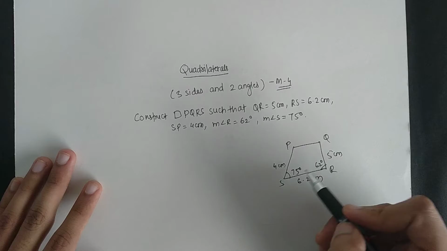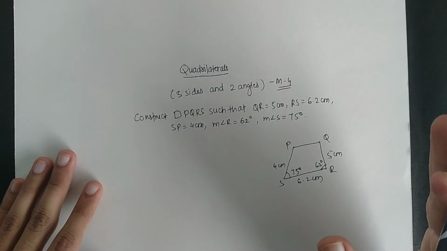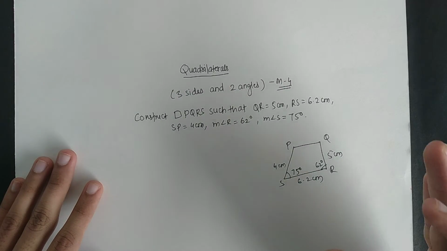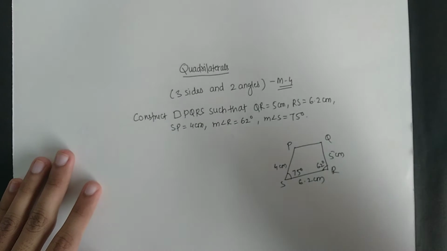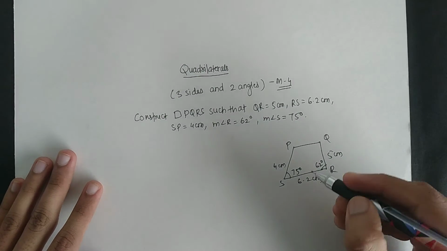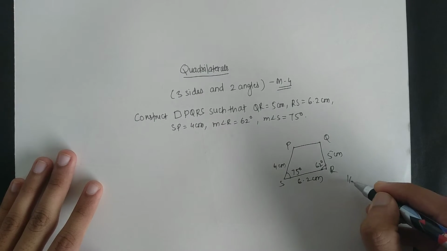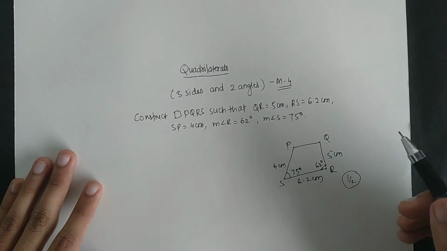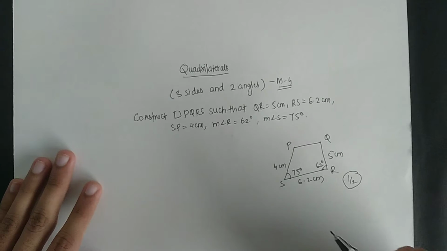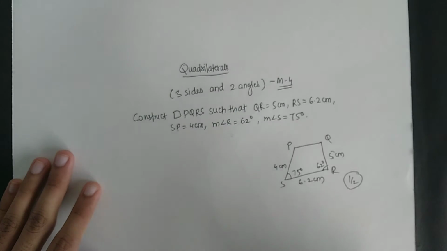So this is the rough figure. And keep in mind, while solving any construction question, when you have to construct a geometrical figure, the rough figure is important. It carries half mark, but more than that it gives us the idea of how we can construct the given geometrical figure. So it is very much important.